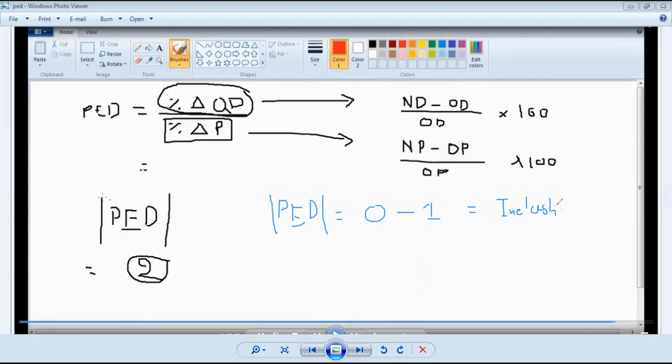And if your value of PED, ignoring the negative sign, is above 1, let me erase this, not equal to.